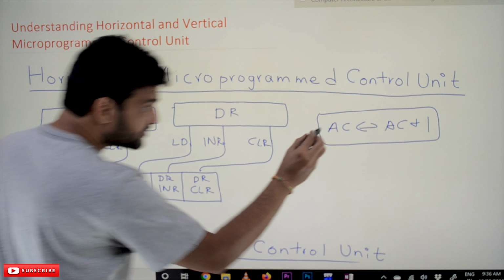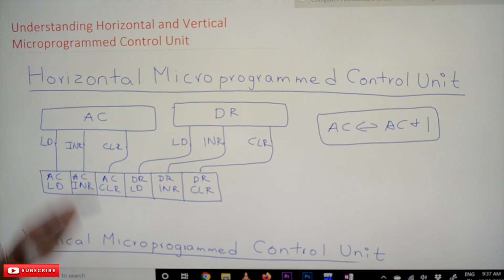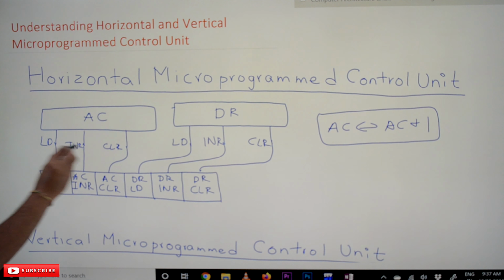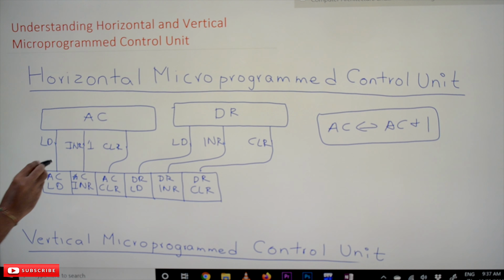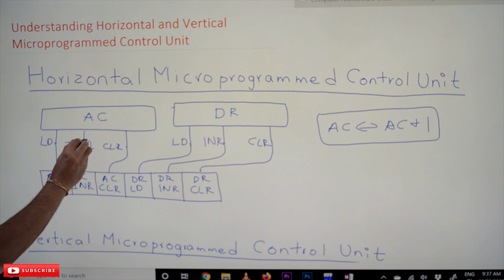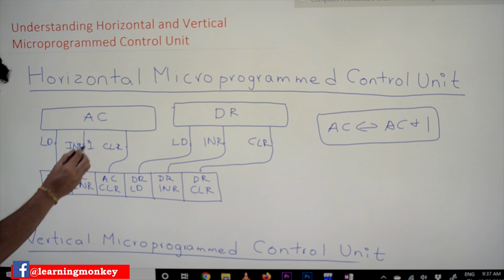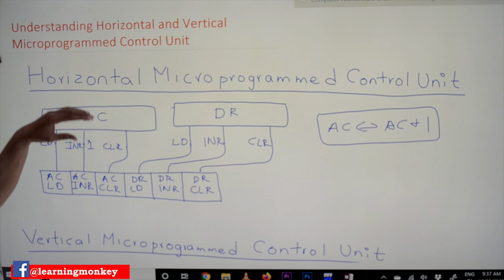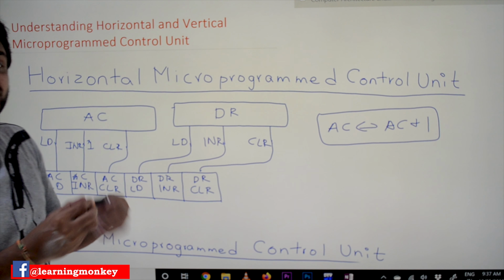In order to perform this micro operation, we have to generate a signal of 1 to this increment input. So on the accumulator control input, if we generate a signal of 1, it increments the value that is stored in the accumulator.